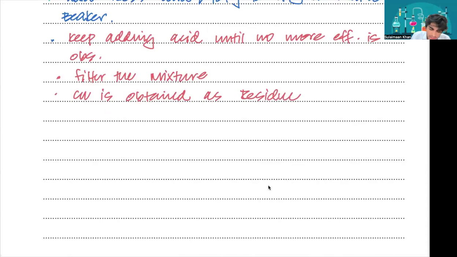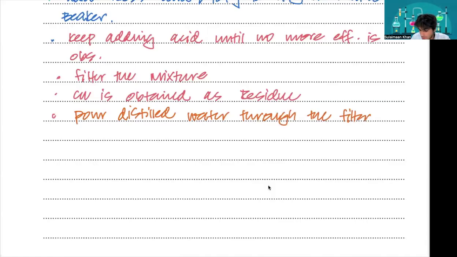It's better to describe things: pour distilled water through the filter funnel where the copper is. You don't need to write in order to remove traces of zinc chloride, but if you want, you could. And then once you've got that, you're going to dry it using filter paper.